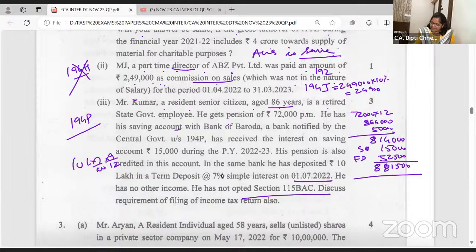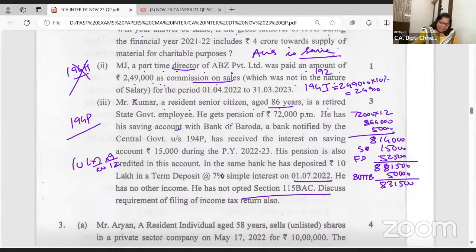Yes, 80TTB मिलेगा ना इसको. He's a senior citizen. 80TTA is for normal citizen, only saving account interest up to 10,000. And 80TTB is senior citizen 50,000 straight deduction. बिल्कुल मिलेगा.